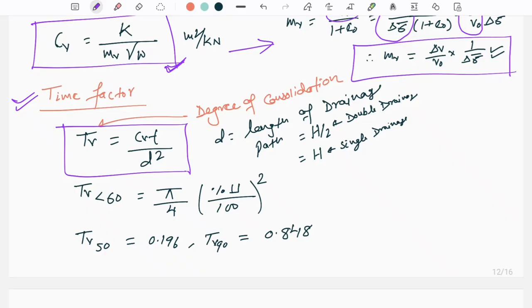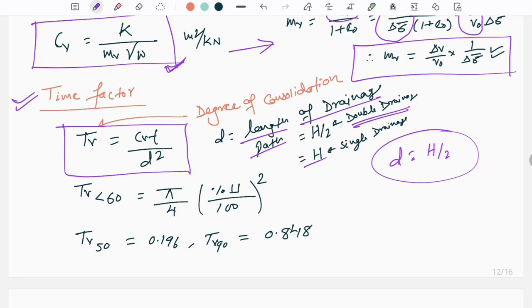Then d is the length of drainage path. So if double drainage is there, then you directly take whatever be the thickness of the clay divided by 2, means d is equal to H by 2 for double drainage, and d is equal to H for single drainage, right?